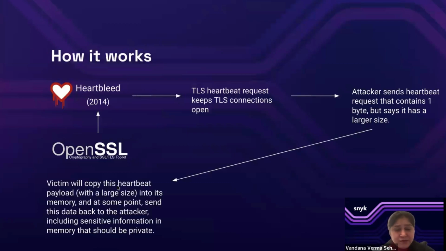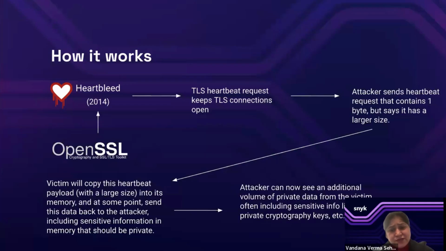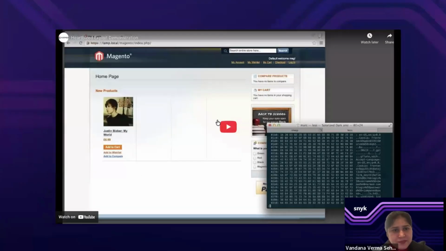The victim was able to actually copy this Heartbeat payload into the memory, and at some point the data goes back to the attacker. Now, if my data is going back to the attacker, I'm worried. I'm just sharing all this information. So it is very, very tricky where this data is being shared with the attacker. Now, let me actually show you the demo.